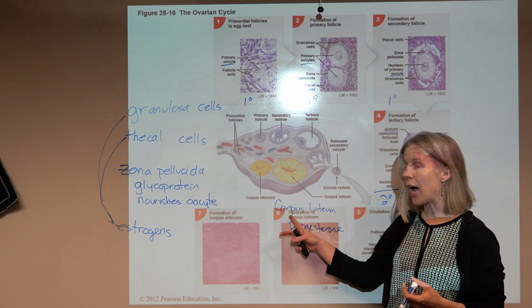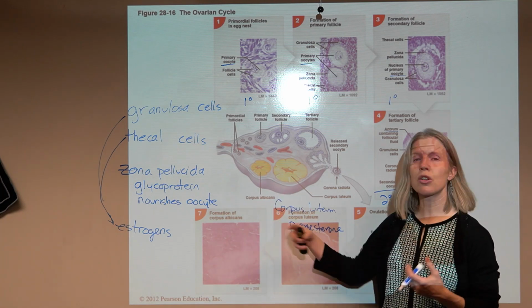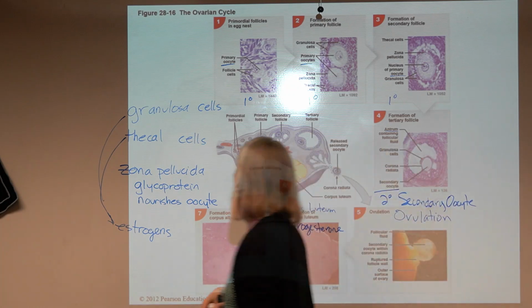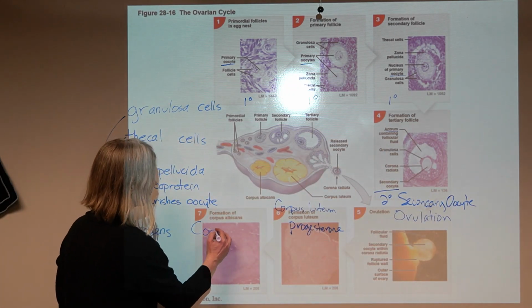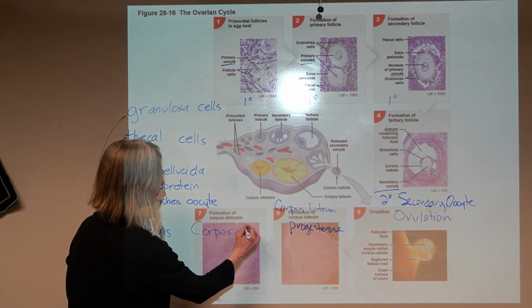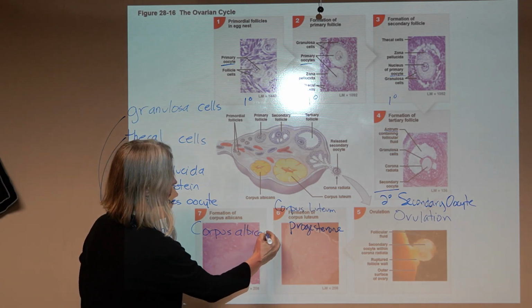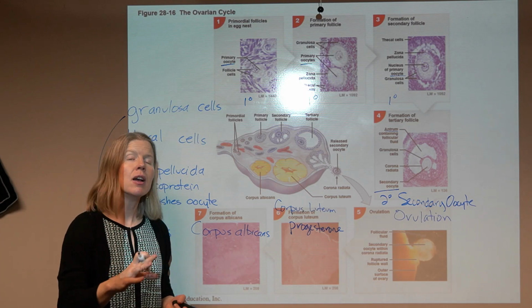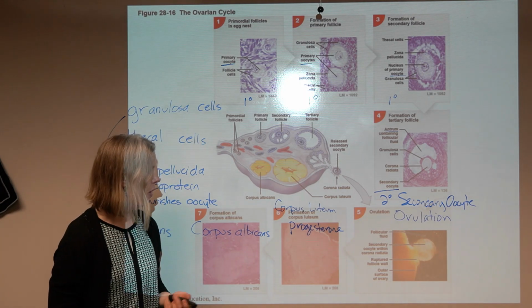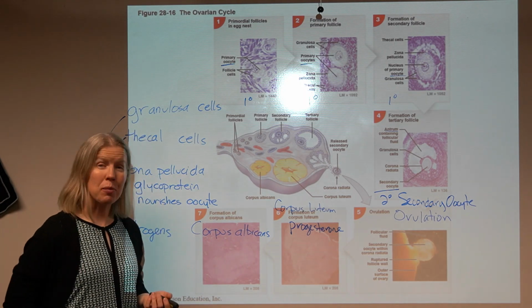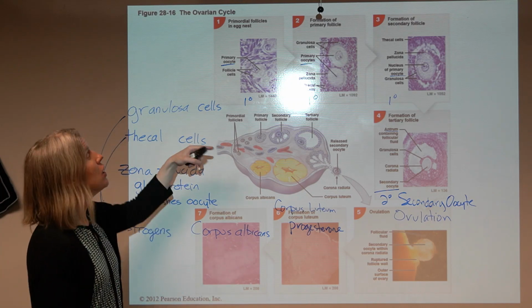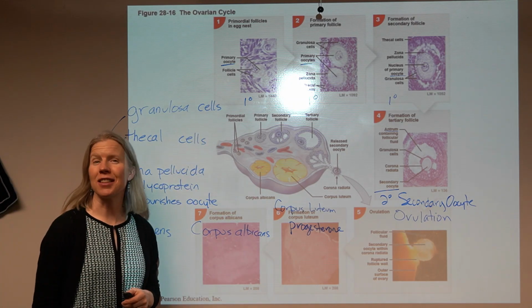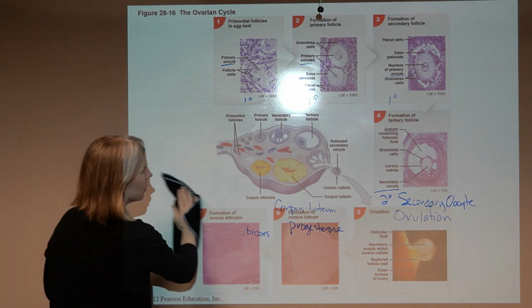If that doesn't happen, the corpus luteum scars over and becomes the corpus albicans, the white body, because it is scar tissue. Fibroblasts actually infiltrate and scar that over so that you stop producing so much progesterone, so that you're ready to start this cycle over again.